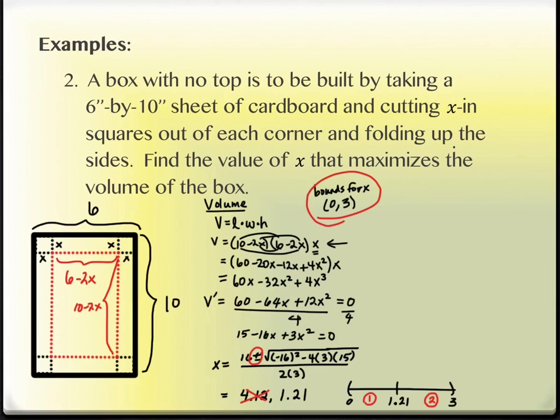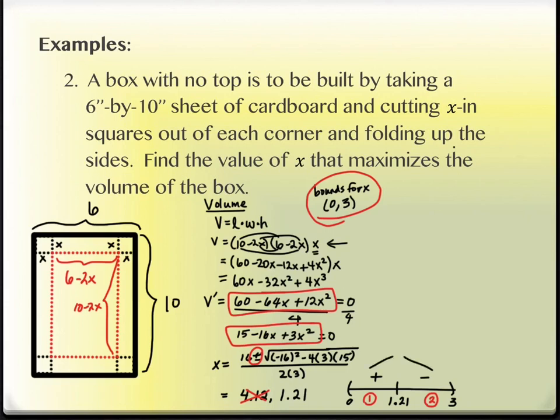You can plug it into this version if you wish, or into the version that's divided by 4. It doesn't matter. So if I plug those numbers in, is it positive or negative when I plug in 1? It is positive, and then at 2 it's negative. That's right.